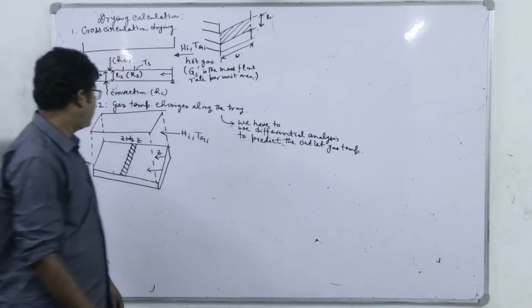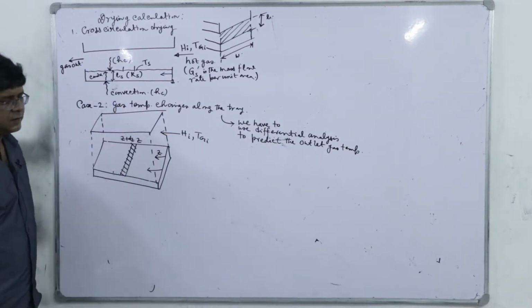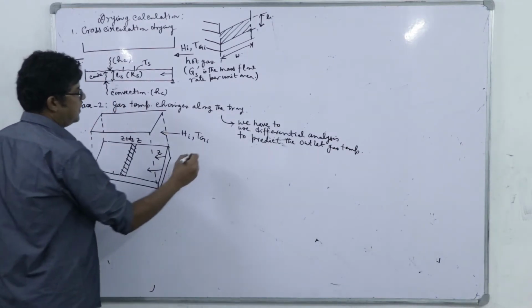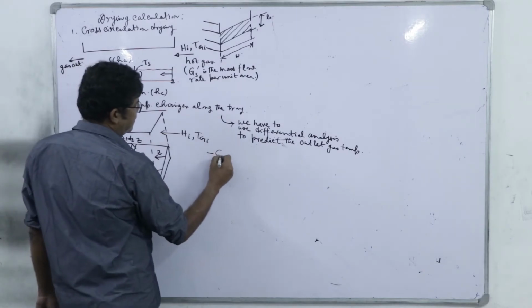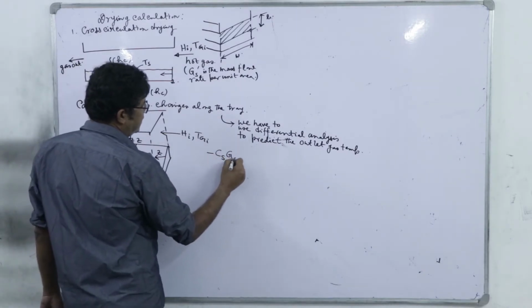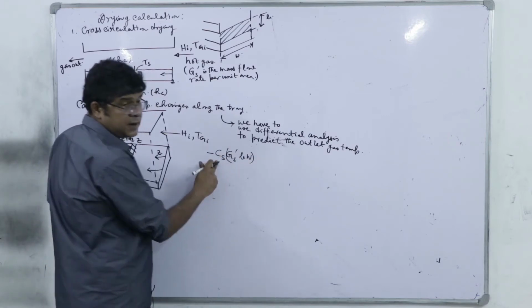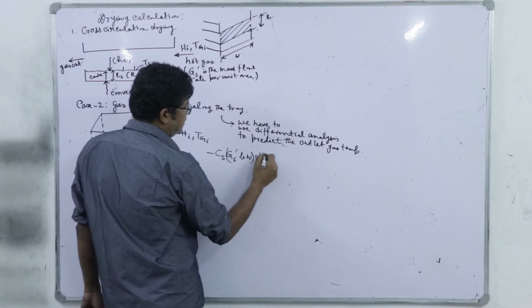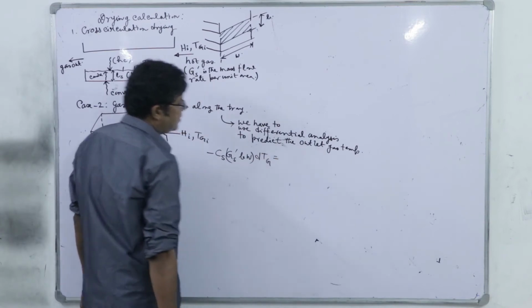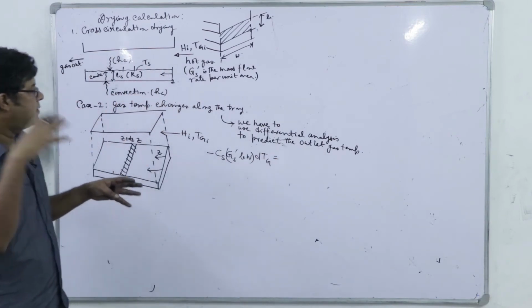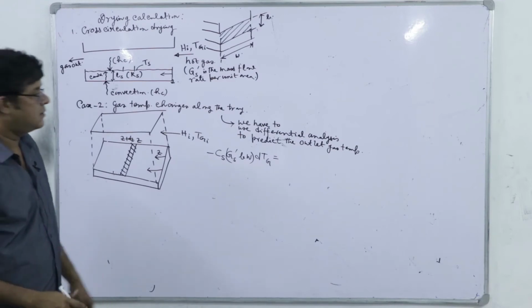Right. So you see over this section, the enthalpy change will be Cs, humid heat, into Gs prime into B into W. This is the mass flow rate multiplied by specific heat into dTg. It's decreasing, right? And it's decreasing because it's delivering the heat to the solid.